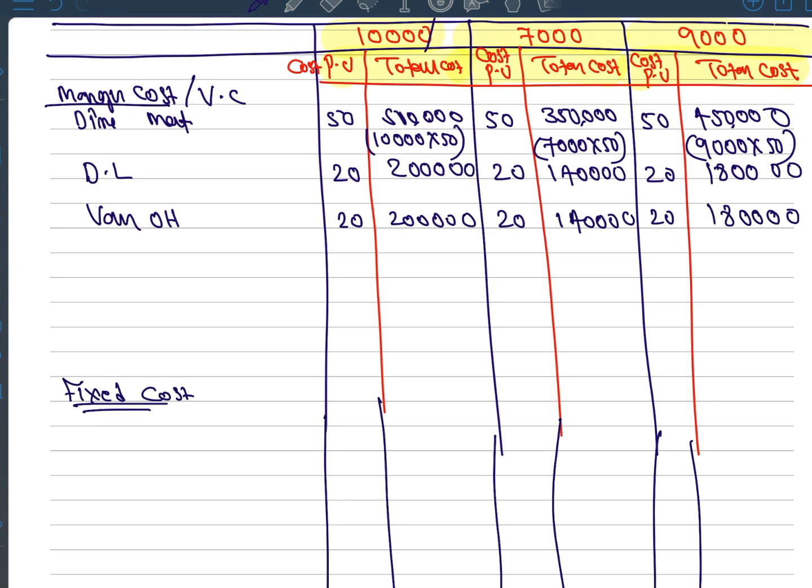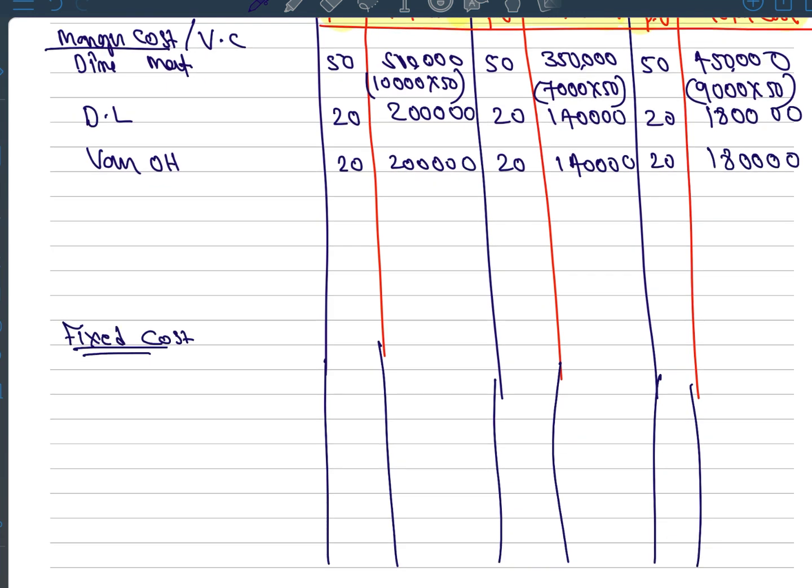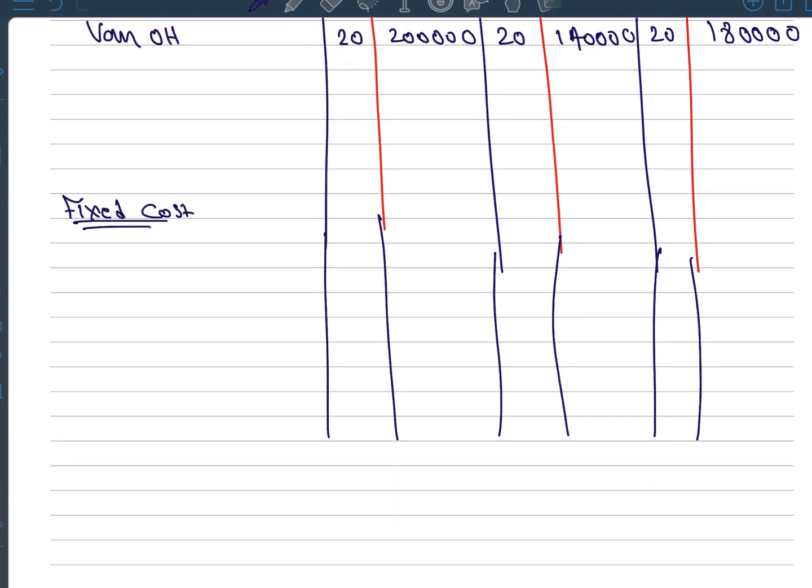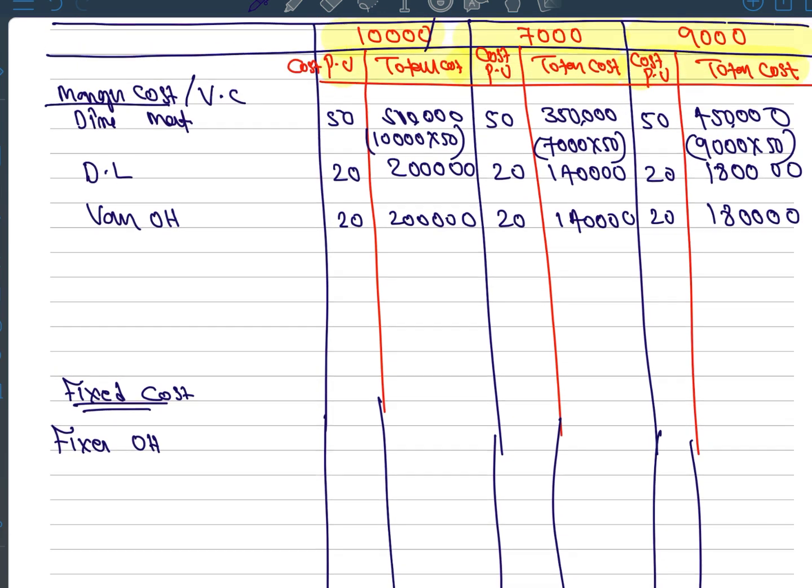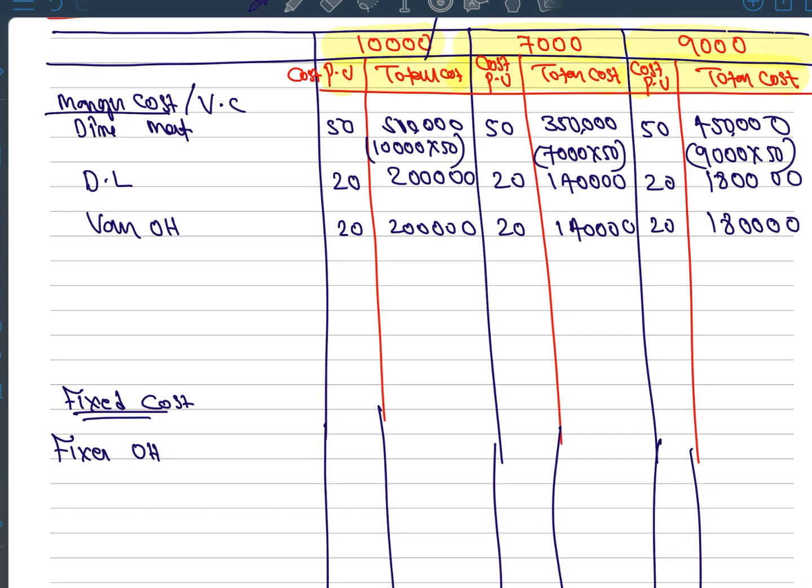Okay, it's ready. Please hold and listen here. Then next one, fixed cost. Rupees 1 lakh, fixed overhead. Where should I write? This is the information given for 10,000 units.